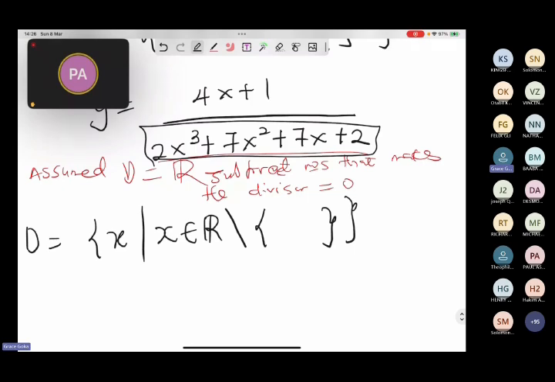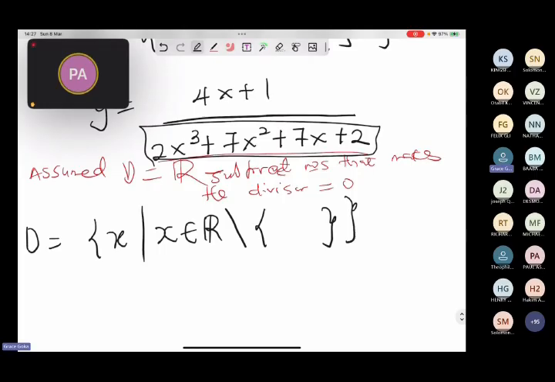Those with calculators, if you go to shift mode and then 5. Shift mode 5, then you pick the polynomial with power 3.